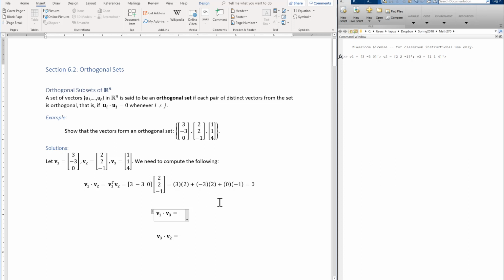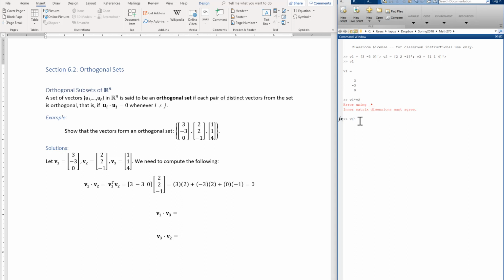We can do the same thing over here, but I actually have MATLAB running, and if I take a look at v1 defined as a vector, it's a column vector. If I take v1 multiplied, or taking the dot product with v2, this isn't going to make sense because MATLAB is trying to do a matrix multiplication, so we have to actually use the definition given here, and that is to take v1 and the transpose of that.